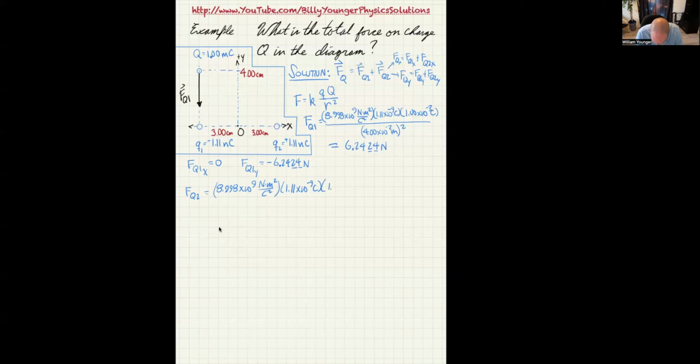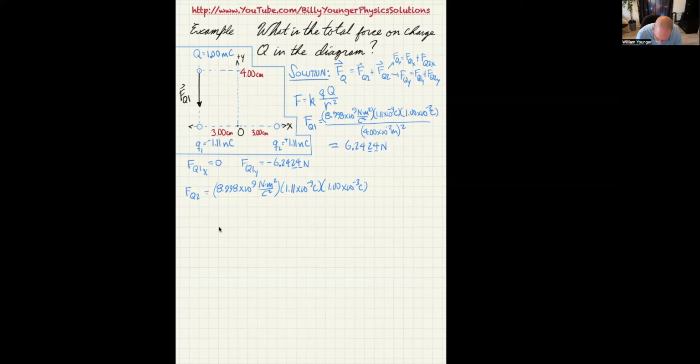And the capital Q is 1.00 times 10 to the negative 3 coulombs, because that was in millicoulombs. Now there's a bit of a problem. Specifically, the distance is no longer a trivial thing to get.